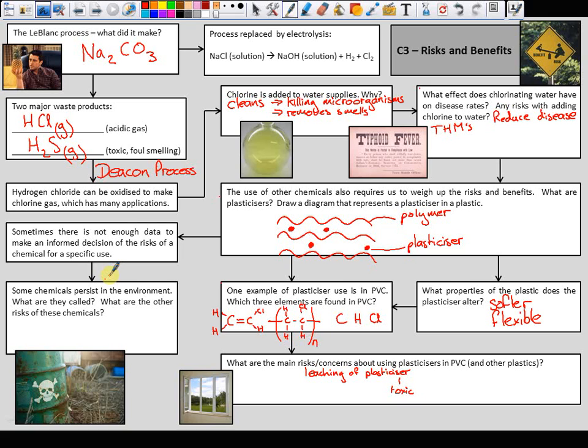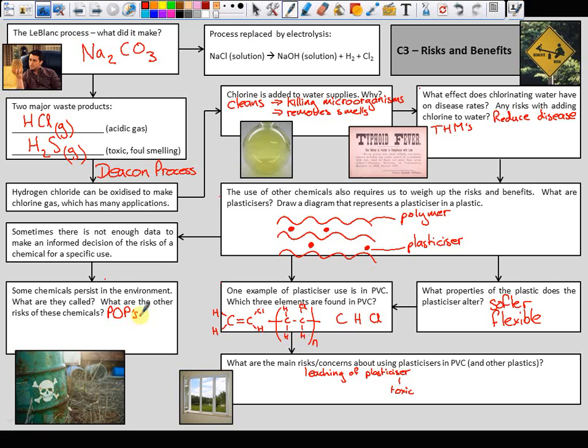What are they called, and what are the risks of these chemicals? Chemicals that persist in the environment are called POPs, persistent organic pollutants.